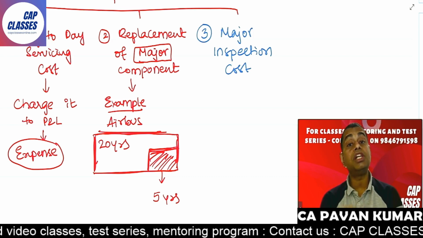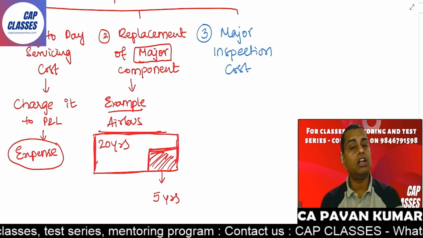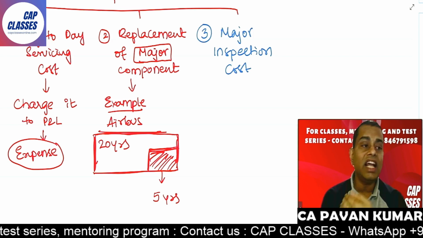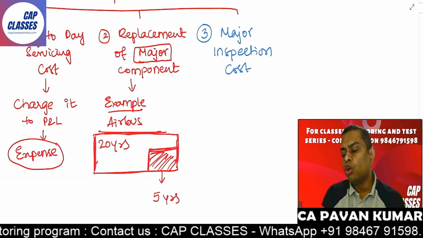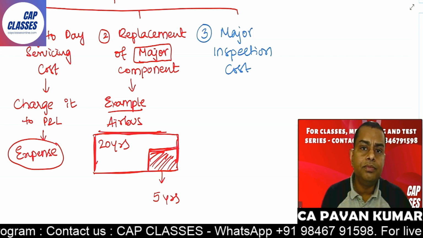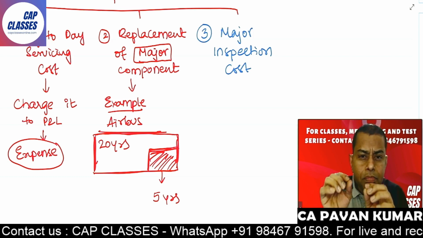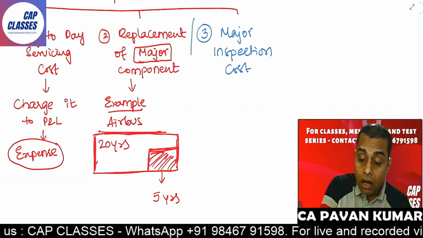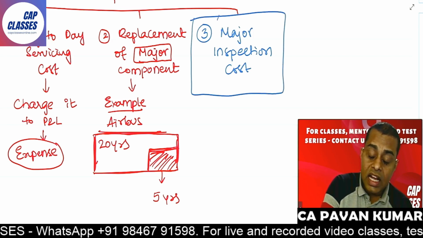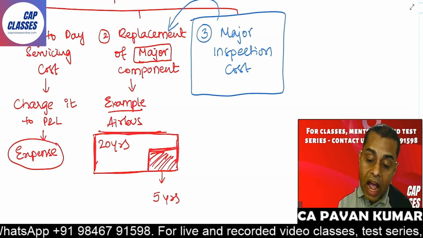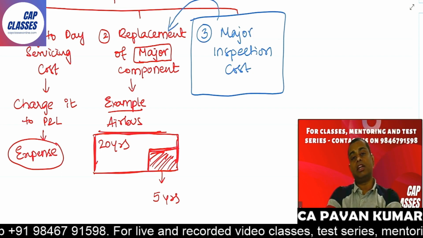What is the accounting treatment of the major inspection and overhaulage cost that you incur? That is part 3. Simple. I'll give you one simple thing to remember. The accounting treatment of major inspection cost is the same as the accounting treatment of replacement of major components.